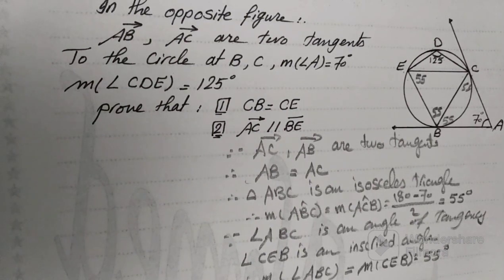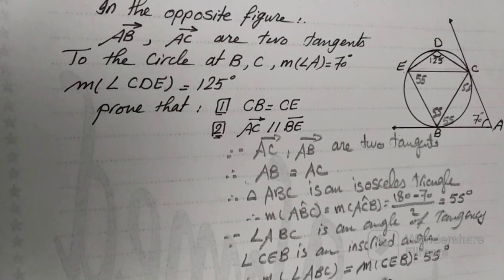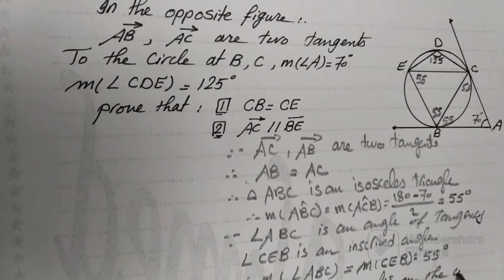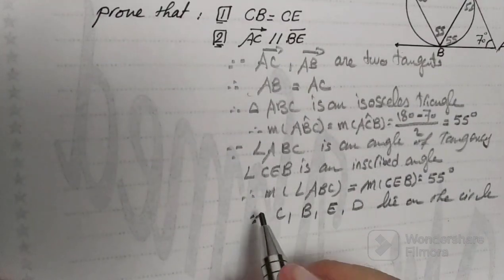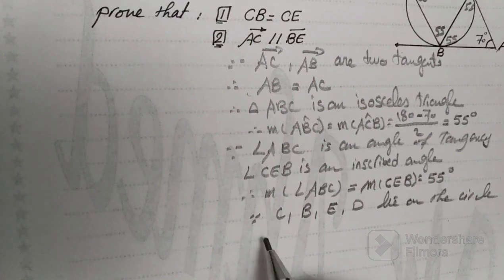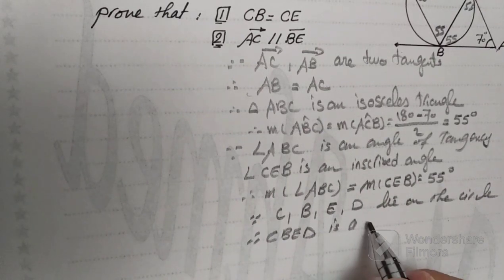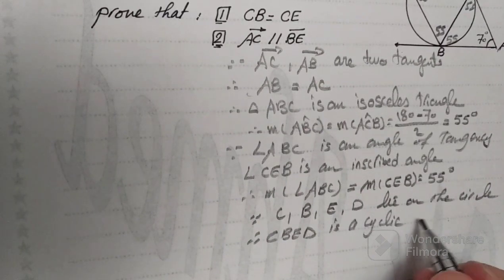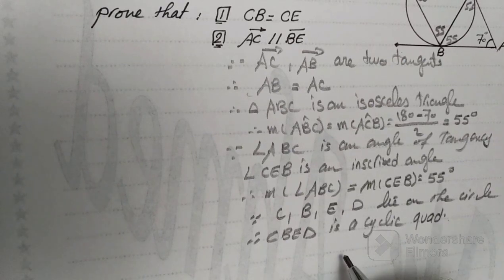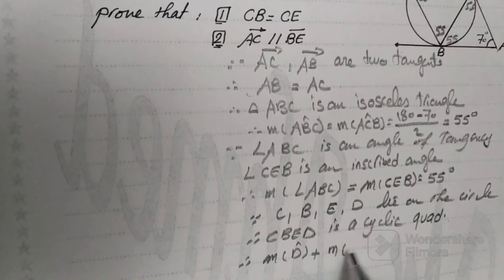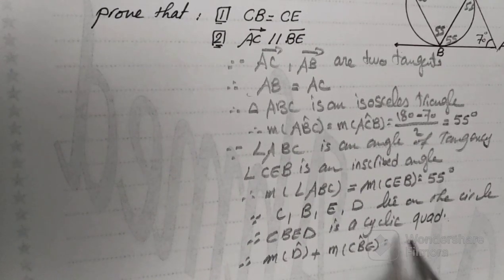Since C, B, E, D lie on the circle, therefore CBED is a cyclic quadrilateral. Therefore, the measure of angle D plus the measure of angle CBE equals 180 degrees.